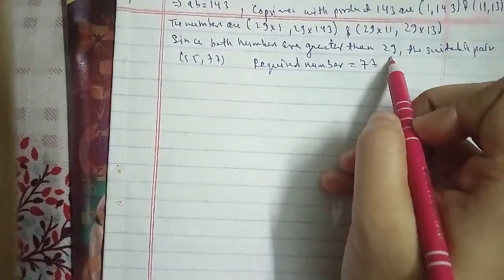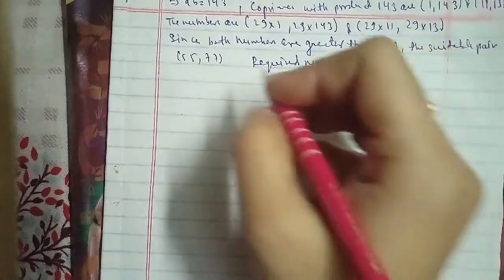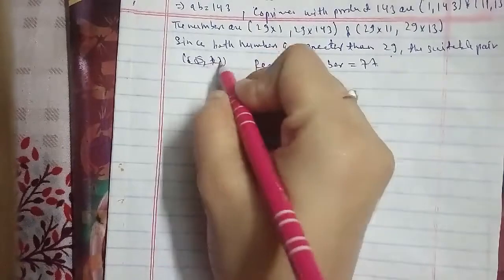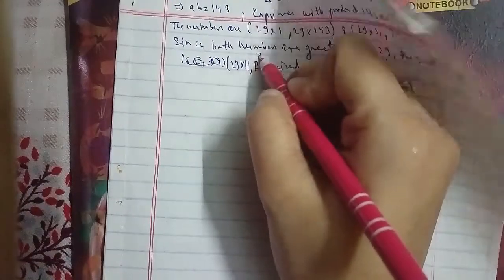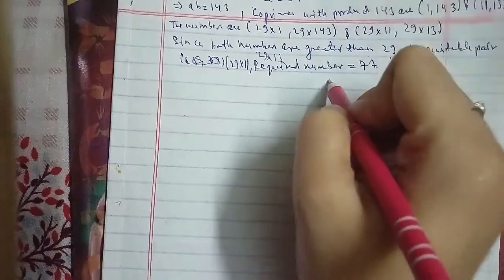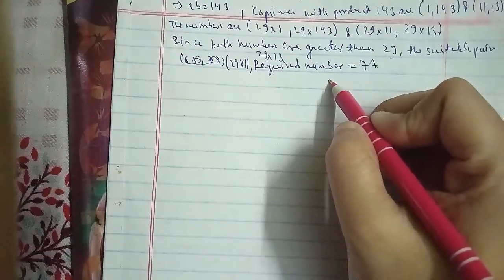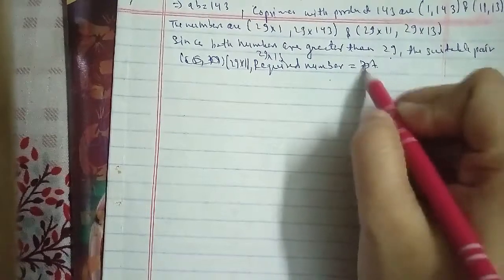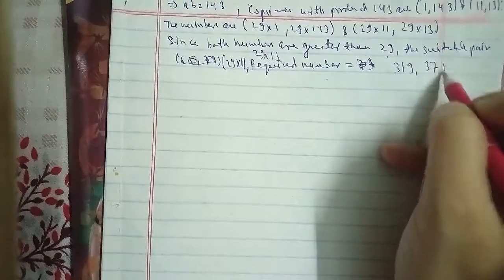The suitable pair is 29 into 11 and 29 into 13. Since both numbers are greater than 29, the numbers we have are 319 and 377.